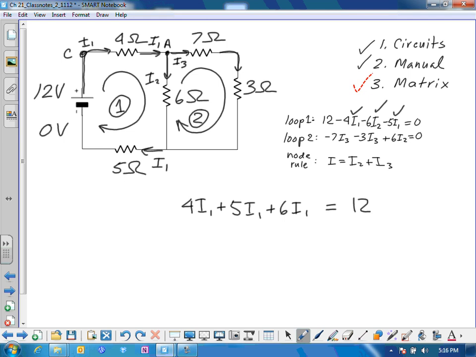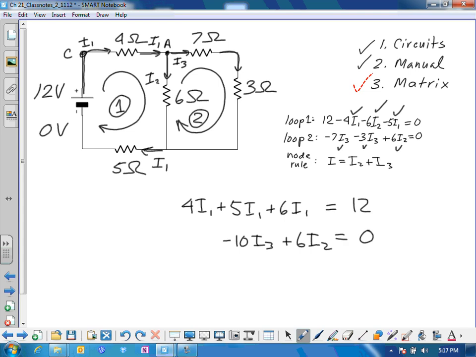Next we'll look at loop 2, and we'll combine these two right away. So we have minus 10 I3, and we have plus 6 I2, and that's all equal to 0.